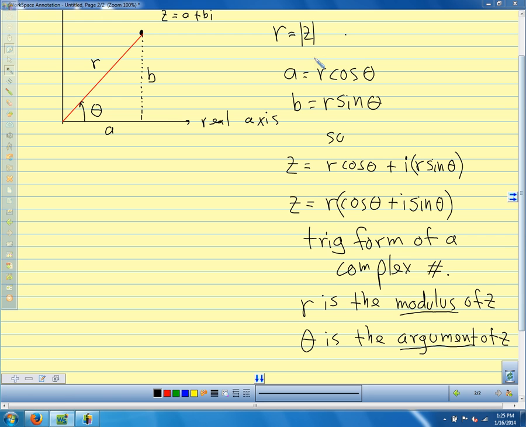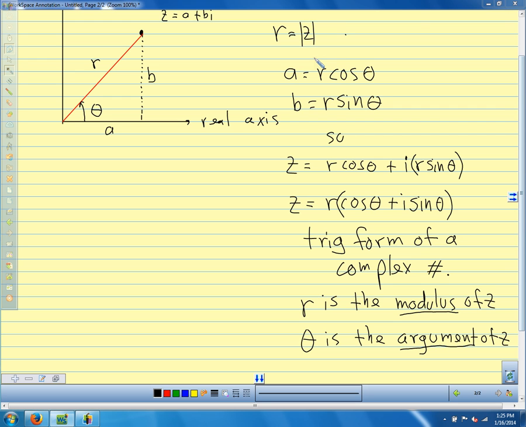So that's one reason that we do it. The other reason we do it is because thinking of complex numbers in trig form simplifies a lot of operations, and that's what we're going to talk about in just a second. But really, it's a hint when you see these connections. It's a hint that there's something bigger going on beneath the surface, and if you can figure out that bigger thing, you get to something really interesting.